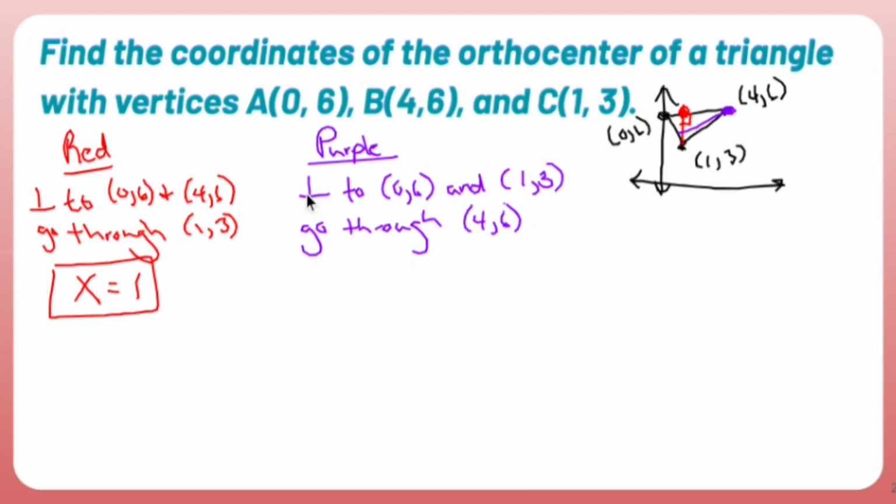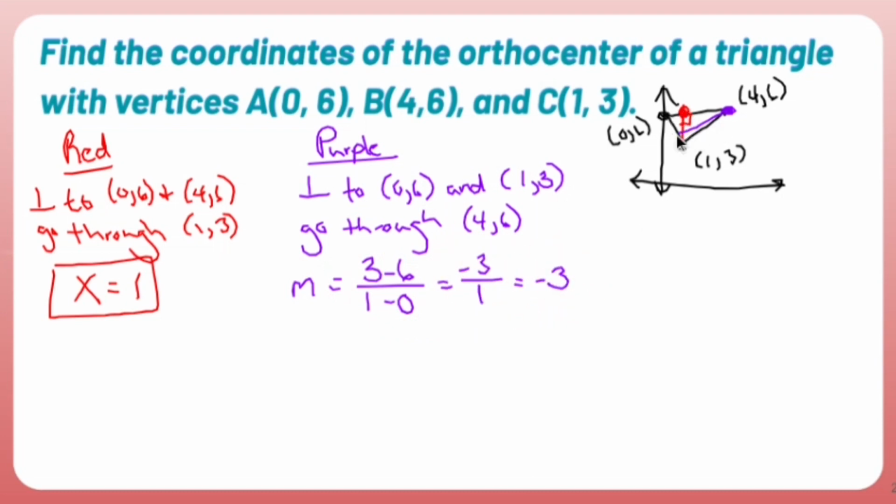So I need to come up with a slope perpendicular to a line connecting these 2 points. So in order for me to do that, I have to find the slope of that. Remember, you find the slope by doing 3 minus 6, the y values, over 1 minus 0. 3 minus 6 is negative 3. 1 minus 0 is 1, so we have negative 3.